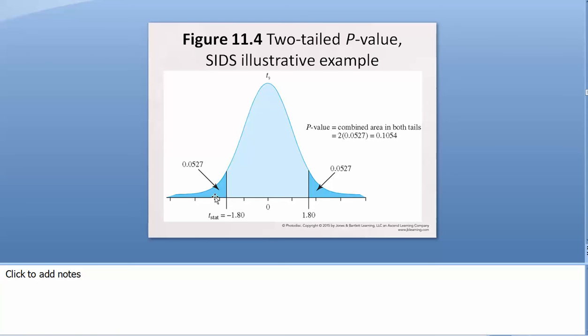That means it is a one-tail test, which is a left-tail test. Even in that one, see, the p-value is 0.05. So a p-value of 0.05 is also not small enough to reject the null hypothesis. So you really cannot say that, on average, the SIDS babies' average weight is less than the weight of regular babies.